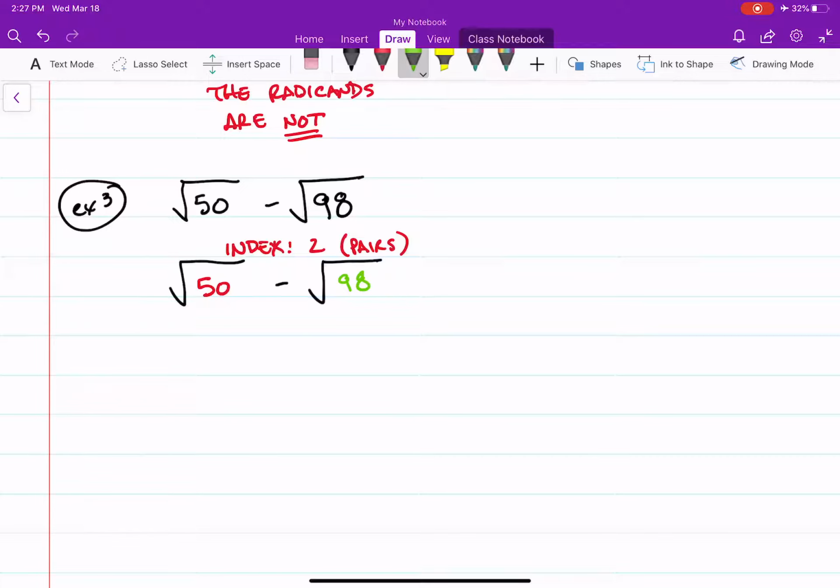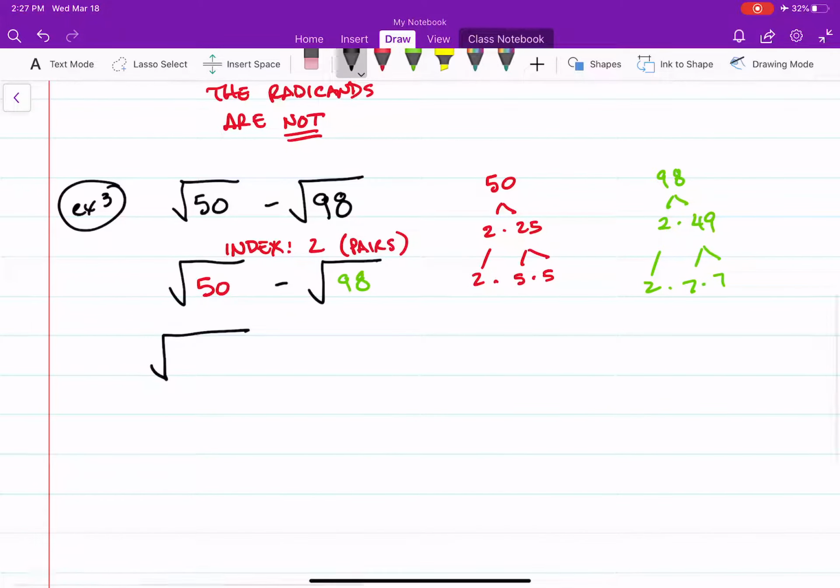And if I was to break down 50, and let's break down 98. So what I have here is the square root of 2 times 5 times 5 minus the square root of 2 times 7 times 7.